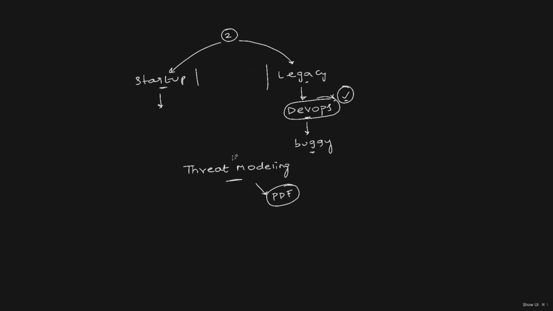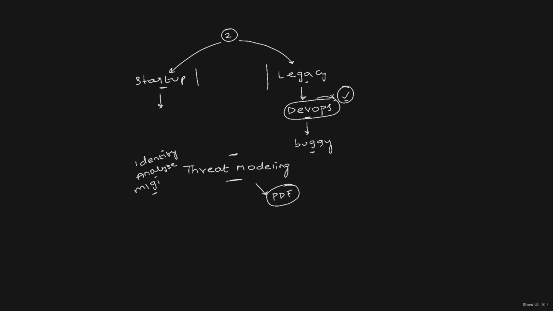What is threat modeling? It's a process where you identify the issues. It's a process where you analyze the issues and potentially also mitigate them, right? That is what we will see now. There are a good number of tools in the market, but most of them are commercially licensed.